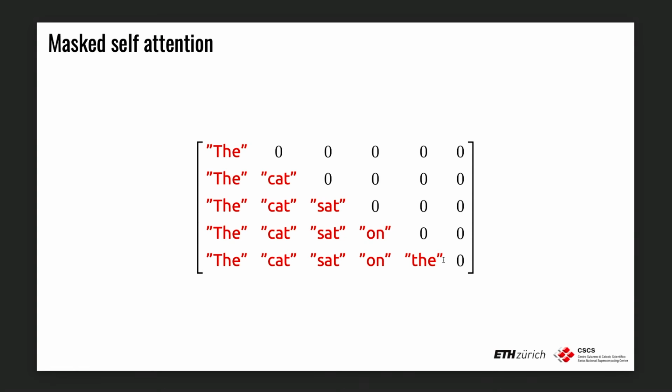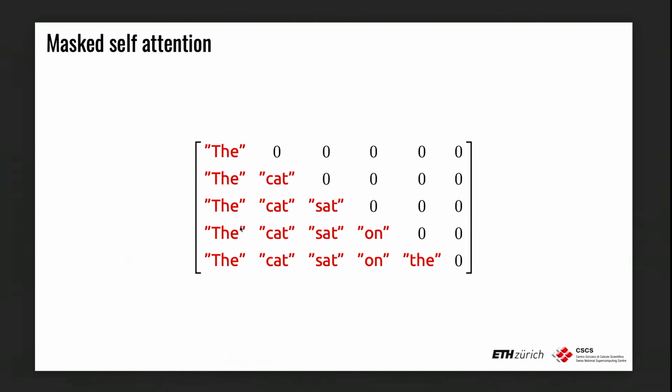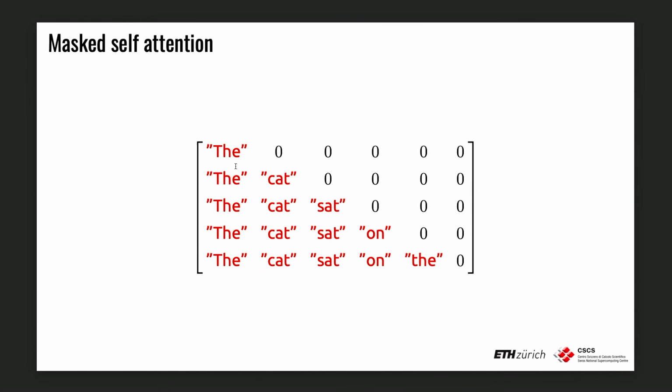The cat sat on the mat, but on the other hand, you want it to work in a way that when you pass only the sentence in Spanish, and you pass only the word de, for instance, only with that information, it is capable of giving cat.